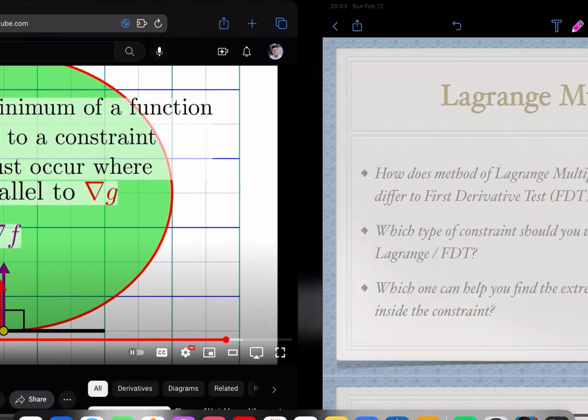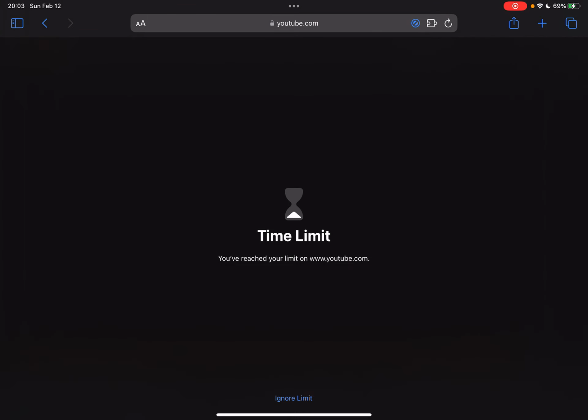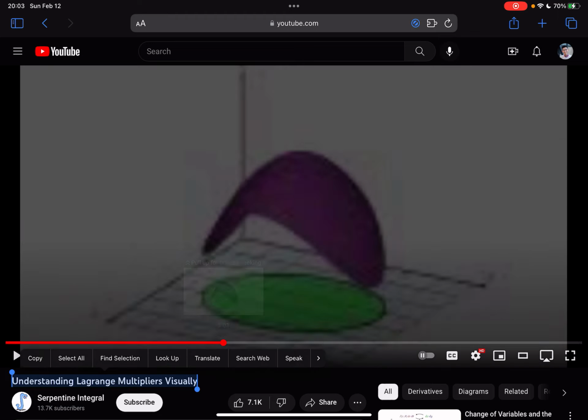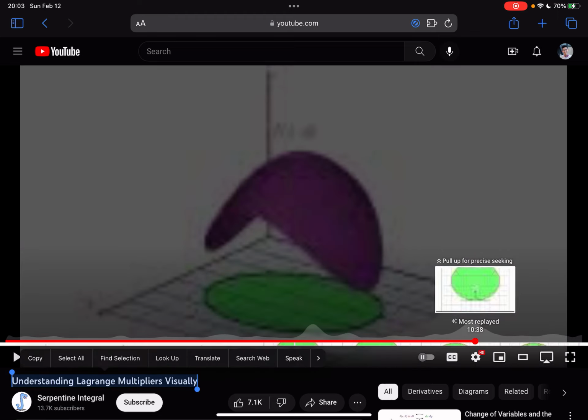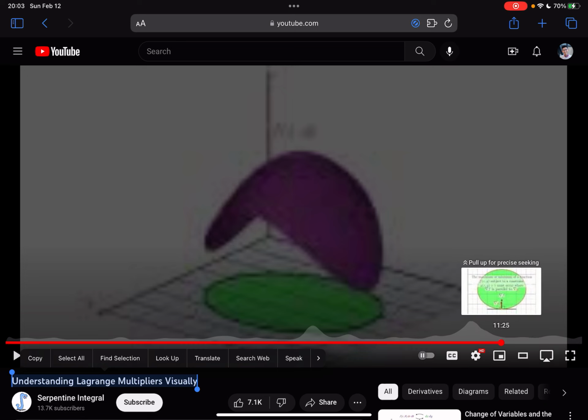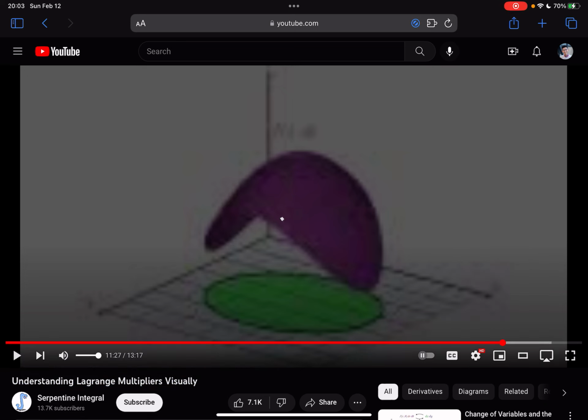Before I show you the second set of questions, I would like to show you this pretty useful video, understanding the Lagrange multiplier visually. This is a pretty cool video, and I would encourage you to take your time and actually watch it.